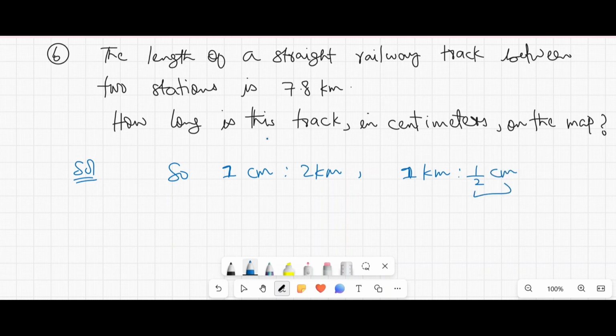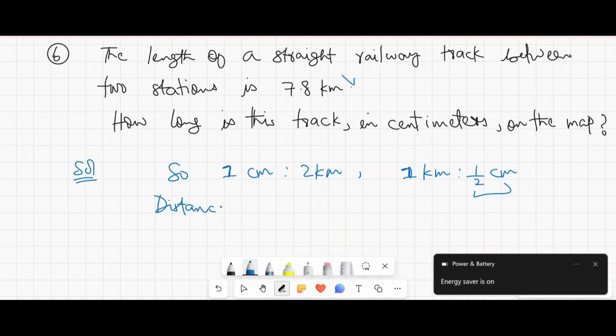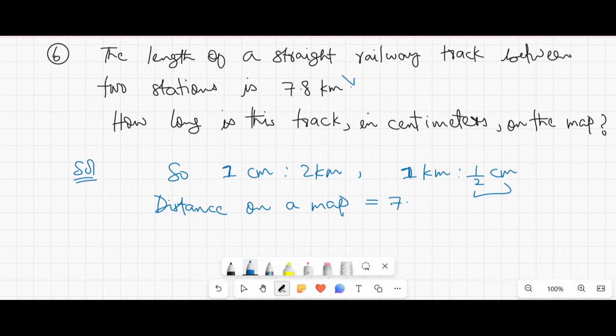So when you want to convert this into the distance on a map, you have to divide. You have to divide 7.8 by 2. While dividing, you will get 3.9 centimeters.